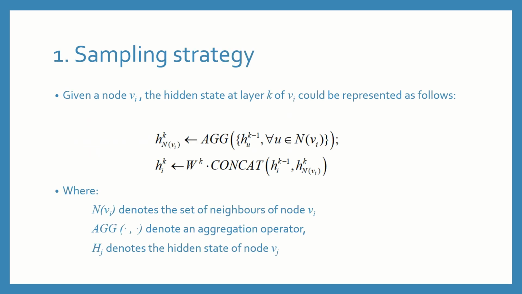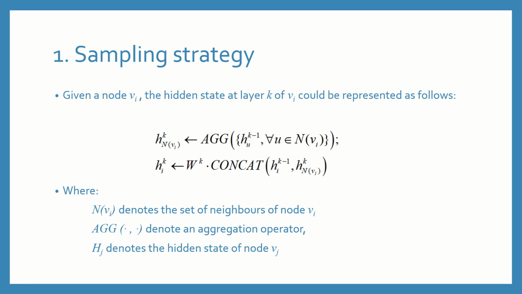First, the sampling strategies. Given a node vi and the hidden state at layer k of vi, the hidden state could be represented as h_i^k. Here we use the aggregation mechanisms in the convolutional graph neural network to capture the graph structure of the nodes.